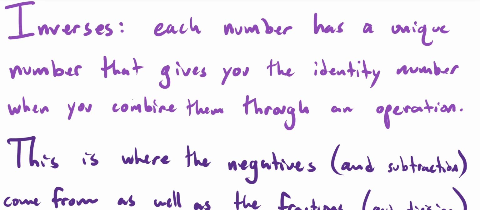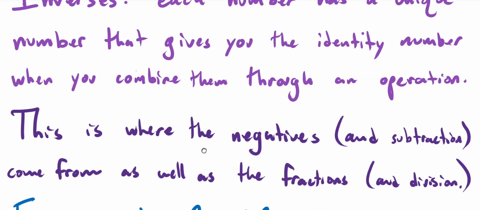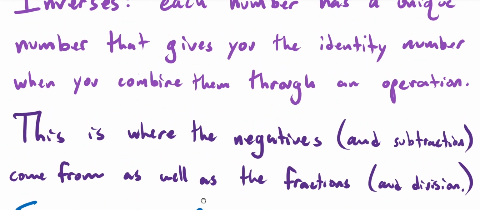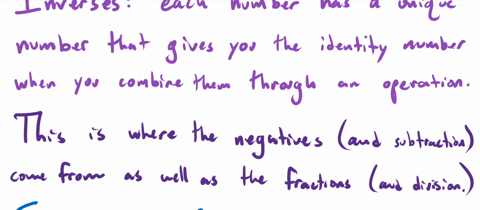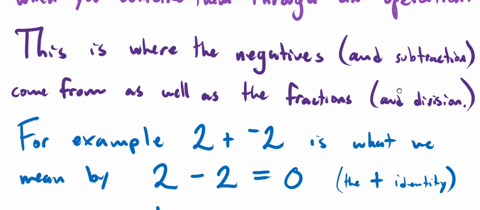Now we want to know, how do I get those numbers back as my output when I do the operation to a number? This is where we produce the notion of negatives, which are the thing we add to something to get 0, and the notion of fractions and division, reciprocals, the things that I multiply by something to get 1.